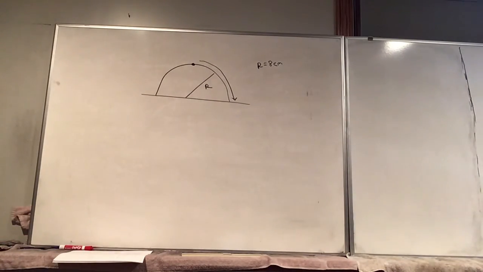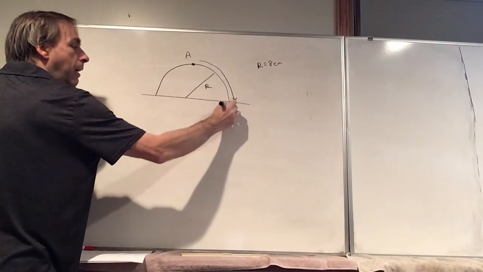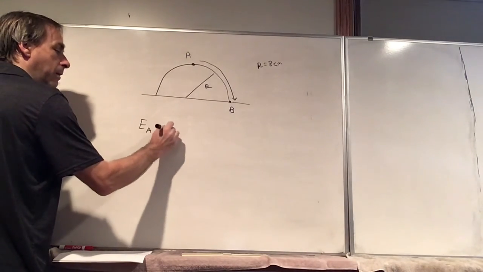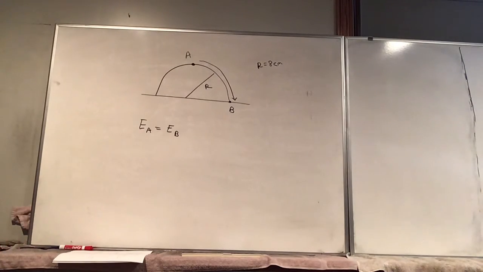So the easiest way to do this problem, the key there is it slides without friction. So let's call this point A and this point B. And we can say the energy at A equals the energy at B. So it's very non-constant motion. It's speeding up. So you don't want to do kinematics here.